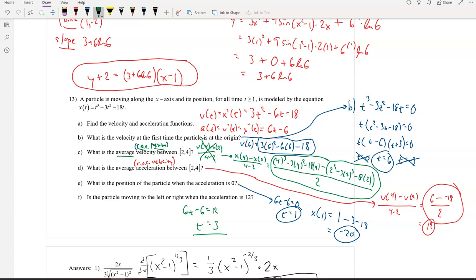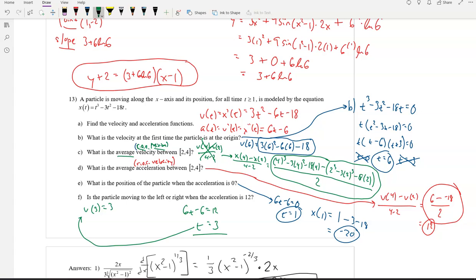Plug that into velocity. Exactly right, Basil, because remember, velocity indicates not only our rate of change of position, how fast we're going, like your speed, but in addition to the speed, it gives a direction. So we're going to plug that 3 into the velocity.